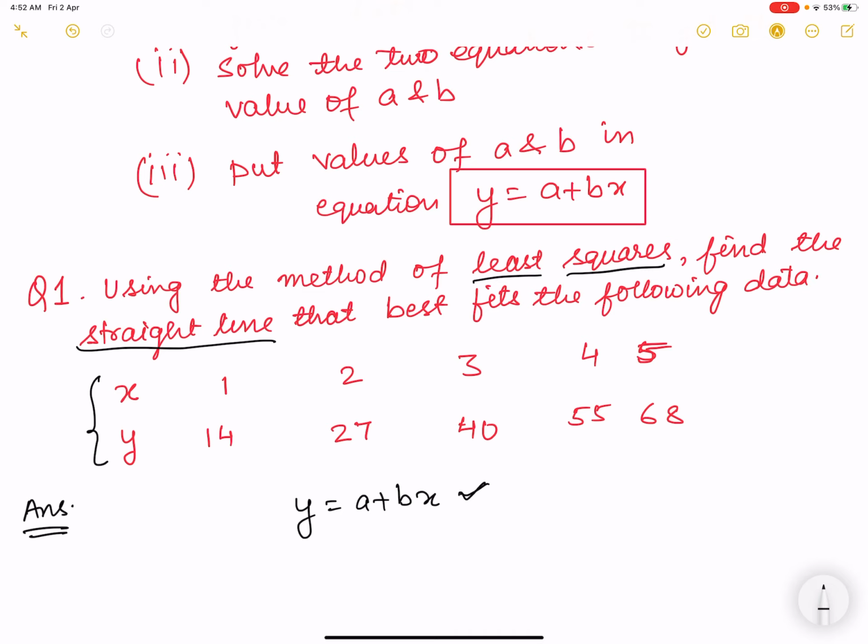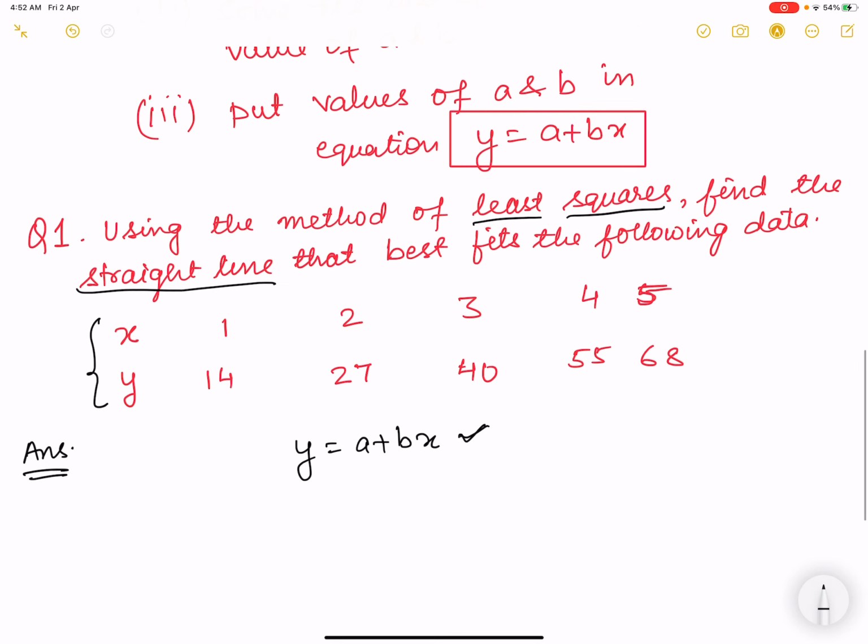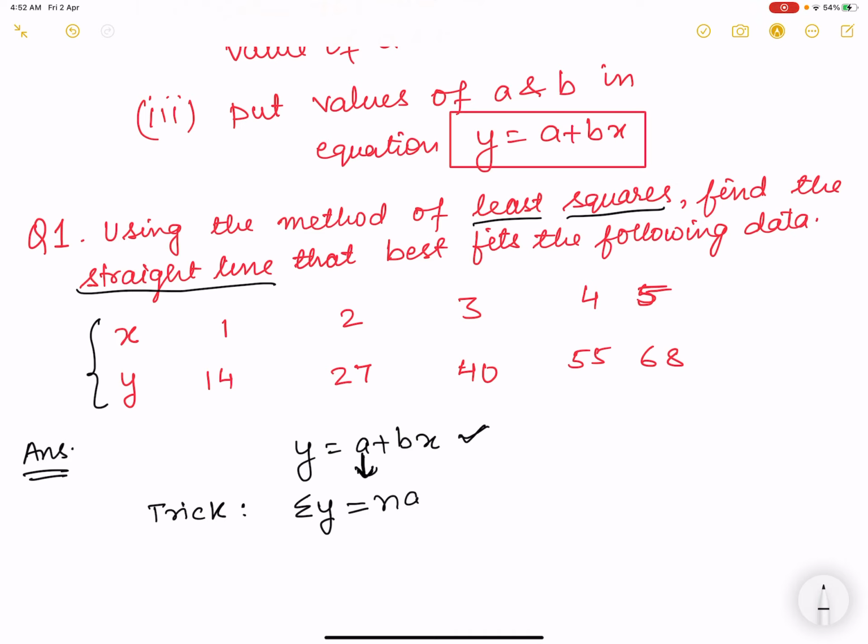And we know the normal equations. Now it's time to learn this trick, how to write a normal equation. If any equation is given, say, this trick works for a parabola also and for a straight line also. Now put summation on both sides of this equation. What will you get after putting the summation? Sigma y, and if you are summing this a n times, so na plus b sigma x.